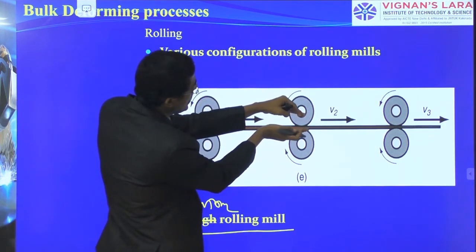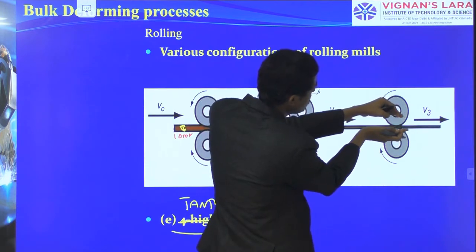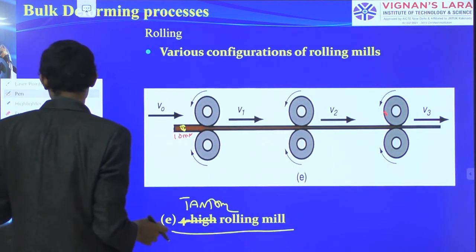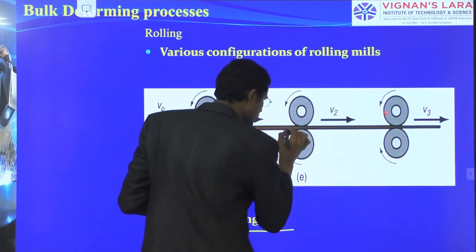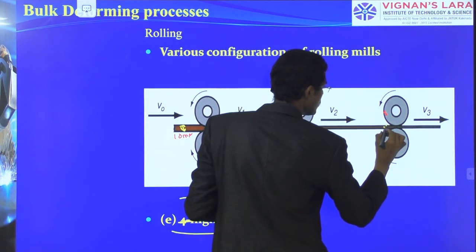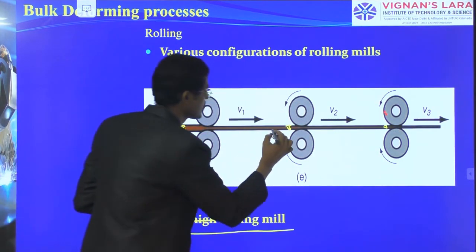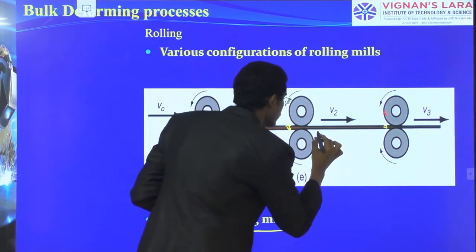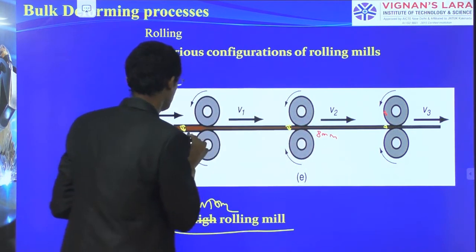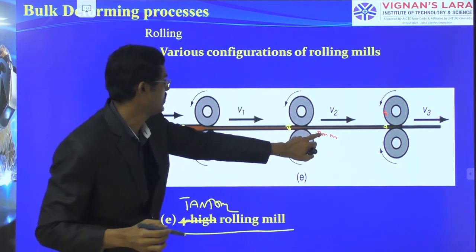When it is coming here, the roller gap is again reduced. When it is coming here, this gap is further reduced. Therefore, the thickness is further reduced here. It means from 10 mm it is converted into 8 mm.